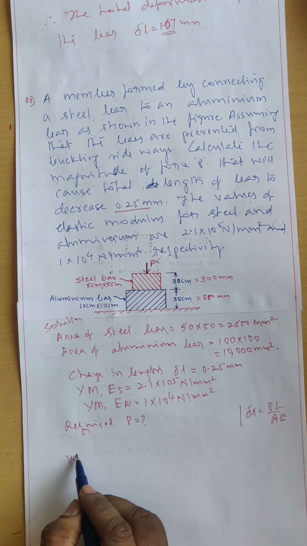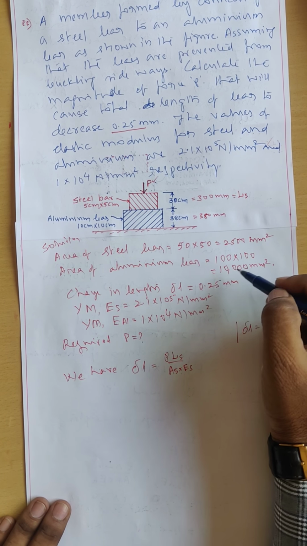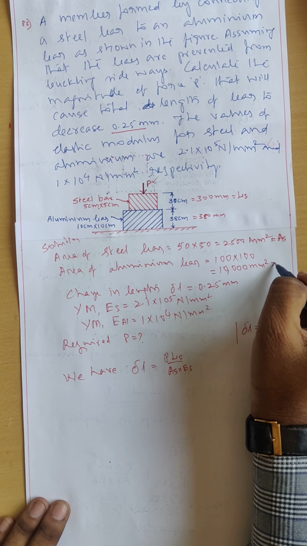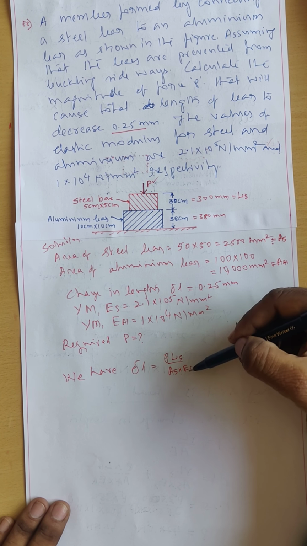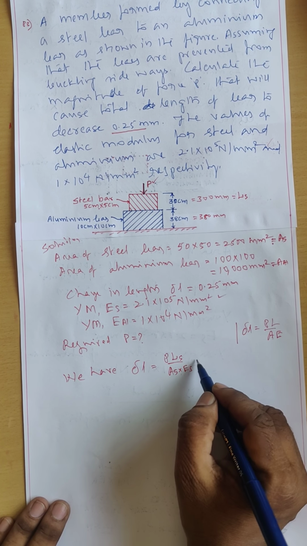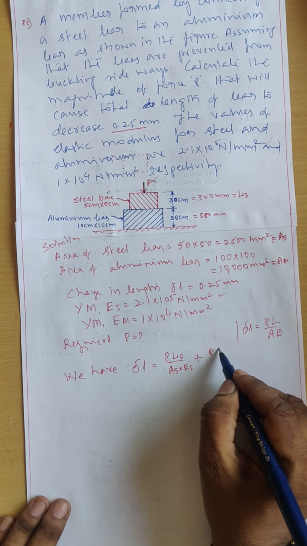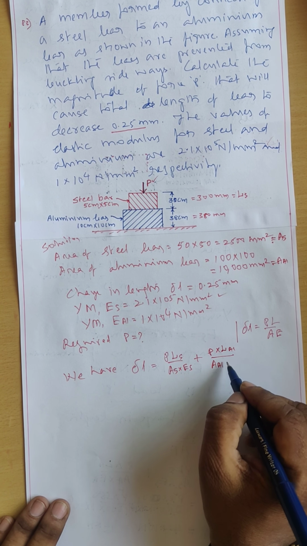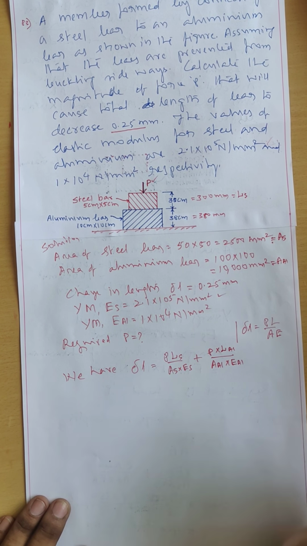For steel, length of the steel LS is given, area of the steel AS we calculated, and ES is given. Therefore, the only unknown is P. Plus, if you add this for the aluminium bar, again P into L aluminium divided by A aluminium into E aluminium. All values are given. The only unknown is P, delta L is also given.